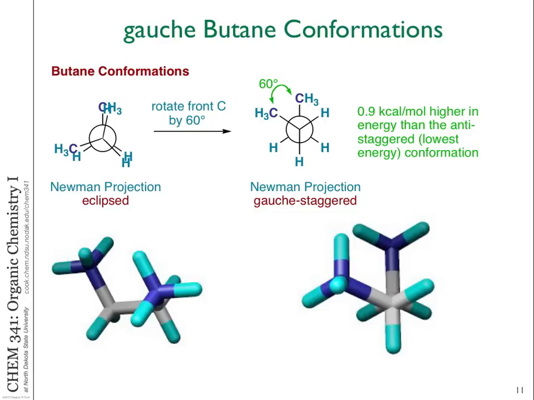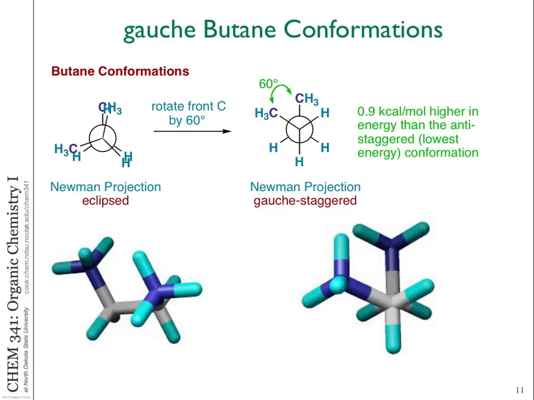And when I show you the more space-filling model, you'll see how they do start to bump into each other. So although it's less in energy than this eclipsed one, remember from our original anti-structure, this was 3.8 kilocalories per mole higher. This one, as we go staggered, you relieve some of that torsion, it goes down, but it's still almost a kilocalorie per mole higher in energy than the anti-conformation.